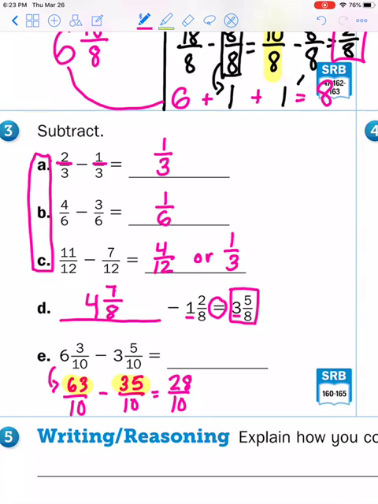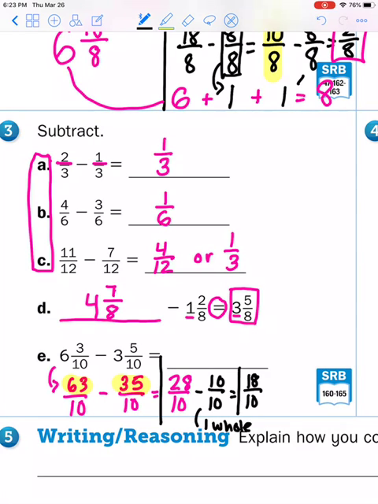tenths. Now, you have to convert this back into a mixed number, okay? So now I'm going to draw a line here, and we are going to focus just on that 28 tenths. If I take out one whole, right, 10 tenths is one whole, I'm left with 18 tenths.